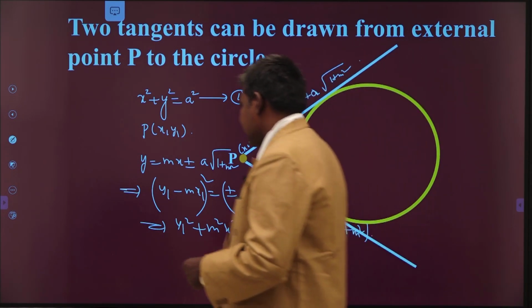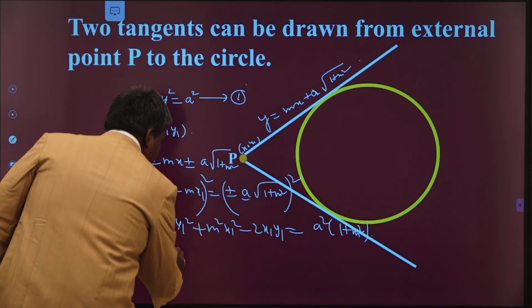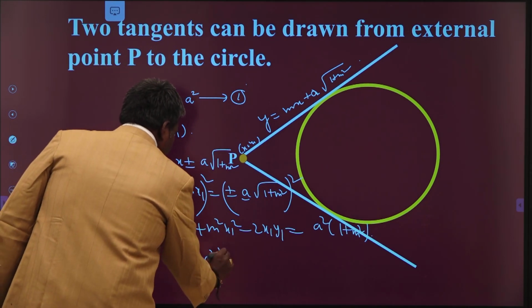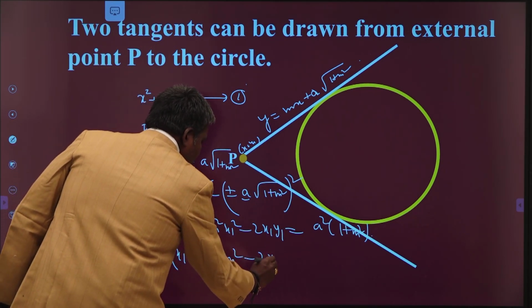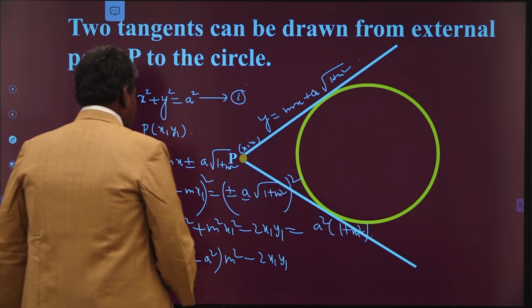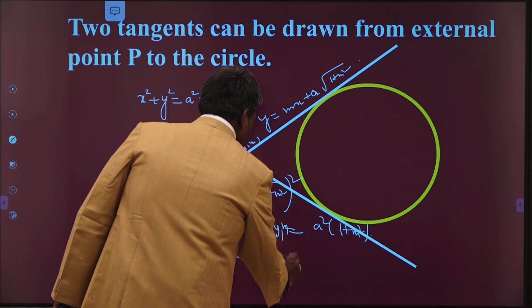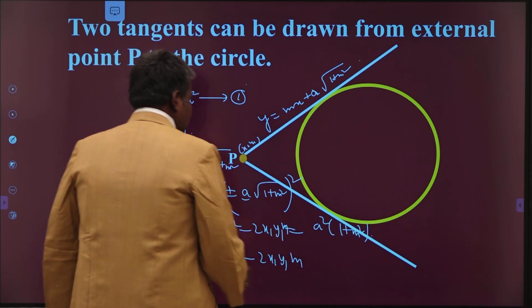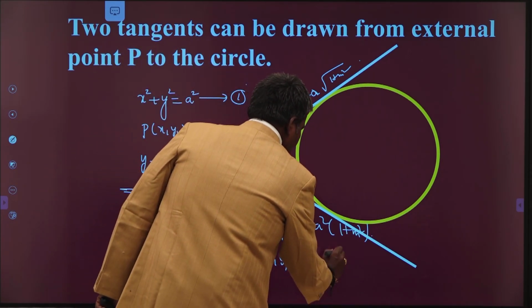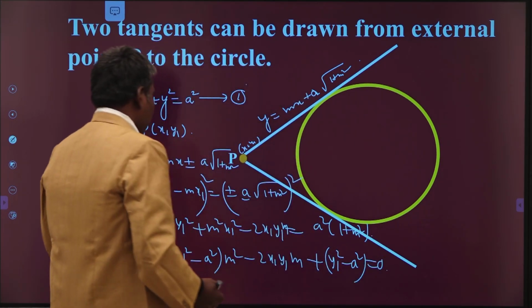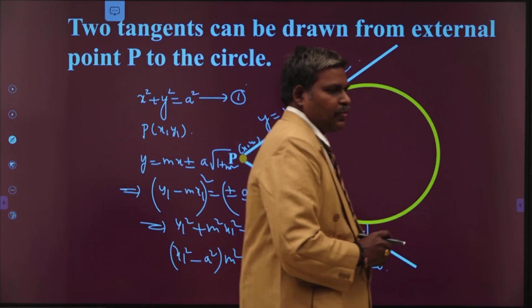So, we can write this equation in this manner: (x1 square minus a square) m square minus 2x1 y1 m plus y1 square minus a square is equal to 0. What is this? This is a quadratic equation in m.